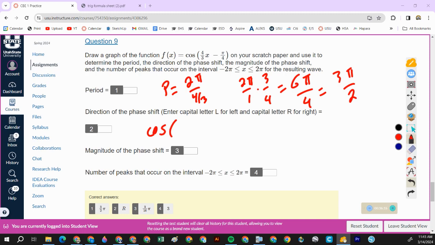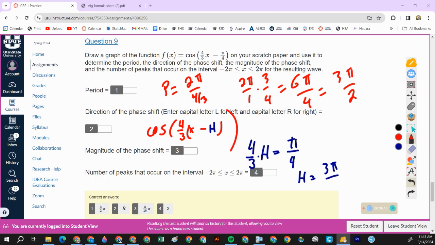So the cosine of 4 over 3 times the quantity x minus something. Okay, so if I call this number h, 4 over 3 times h is equal to pi over 4. So we invert and multiply. H is 3 pi over 16.